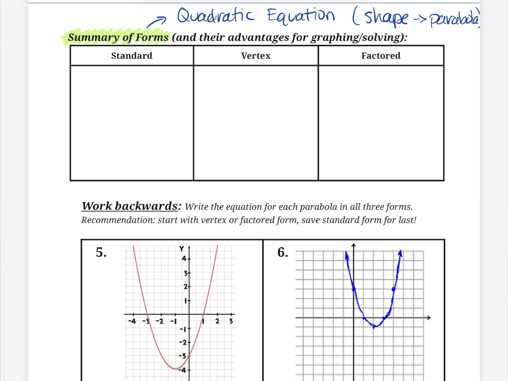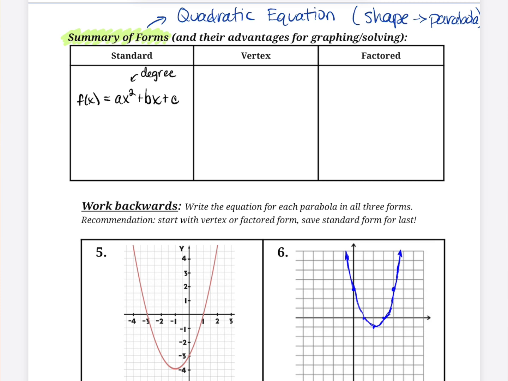Okay, so here's the situation. There are three equations that you might come across when working with a quadratic. The first one, standard form, is when you've got the function with its individual terms written out in descending order. Notice that you've got your degree of 2.